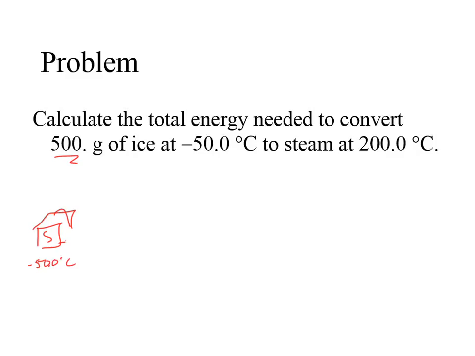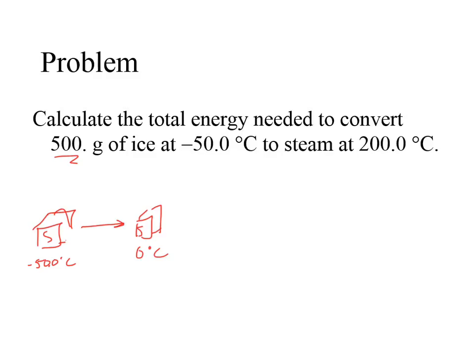We are going to assume it stays as a solid right up to its melting point temperature. I know you guys know what the melting point temperature of water is, but it's 0 degrees Celsius. So we're going to assume that it stays as a solid up to 0 degrees Celsius.